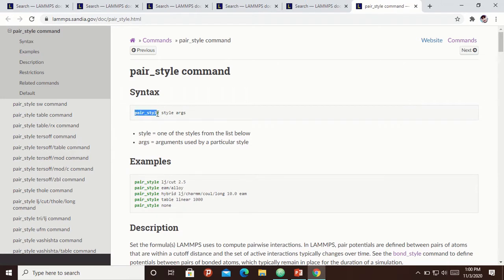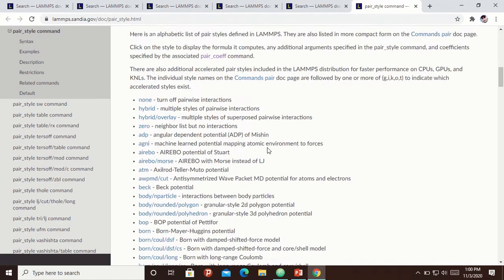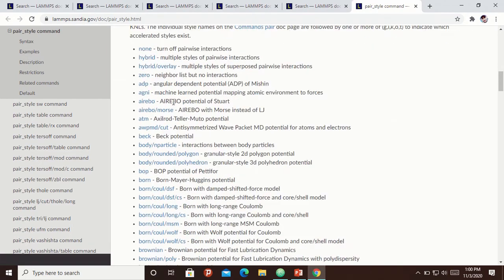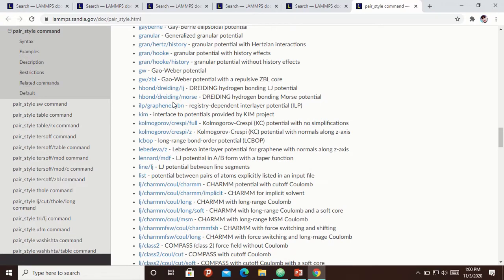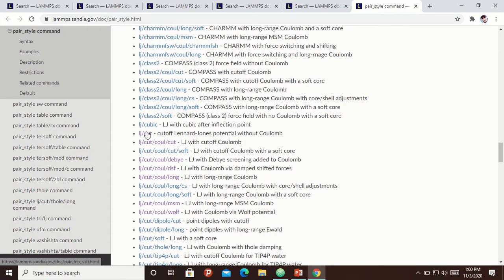This is pair style, the keyword, and now the style comes here. The style could be one of the styles from the list below. This is a very big list, and here you have to choose which interaction potential you are going to use. So I am going to use lj/cut, a cutoff Lennard-Jones potential without Coulomb.